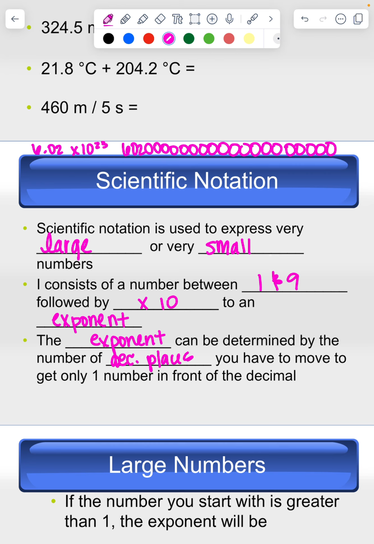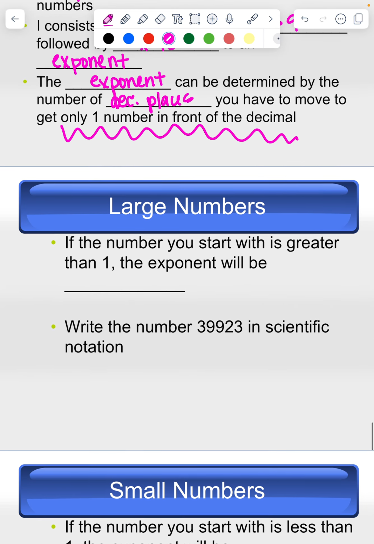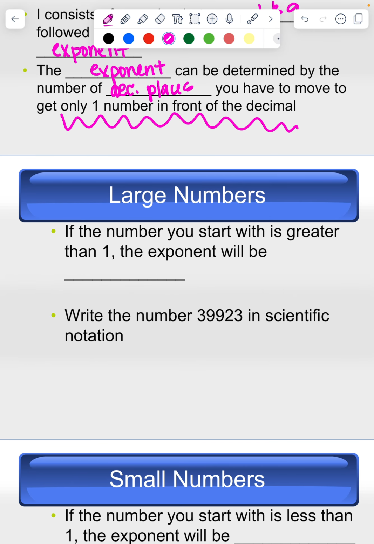One thing you have to remember, and a lot of you forgot this last year, is that you only want one number in front of the decimal. Again, only one single number in front of that decimal. If we have really large numbers, then your number is greater than 1, so the exponent will be positive.